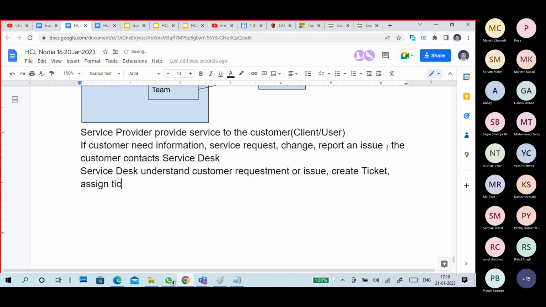And the ticket is sent to the concerned team or to themselves.